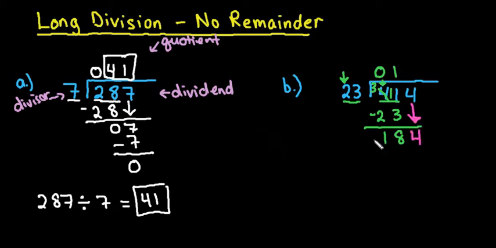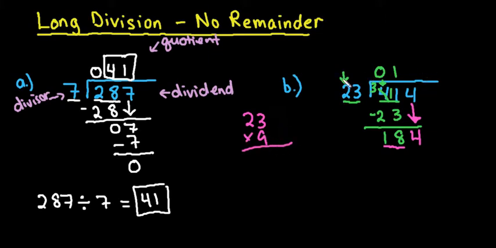Okay, so now we can see that we have 184, and 184 is definitely larger than 23, so we can divide into there. Again, I'm going to start with the first number. Well, 2 can't go into 1, so I'm going to look at this whole thing here. Okay, 9 times 2 would get me there, but if I do 9 times 3, and so again, I'm just going to show out what my process is.